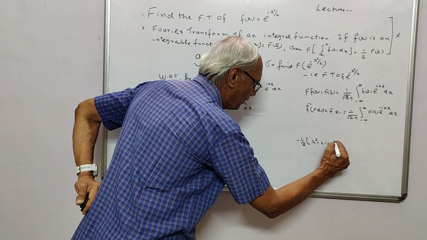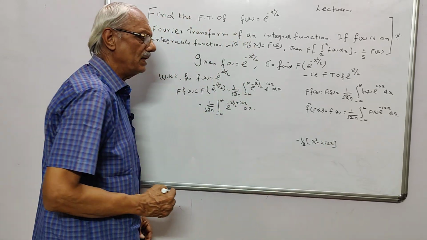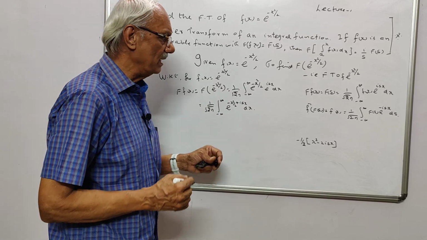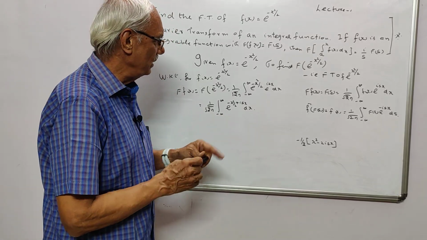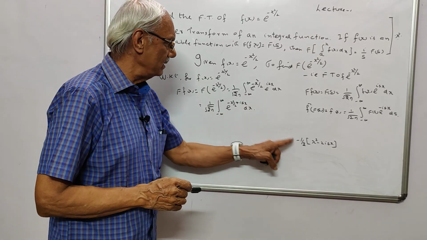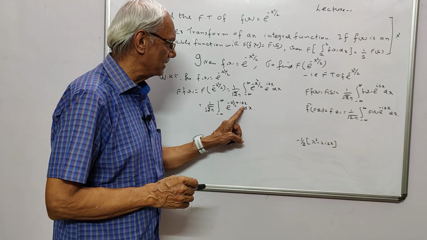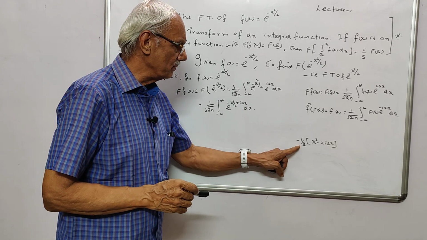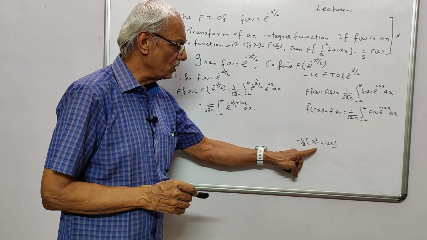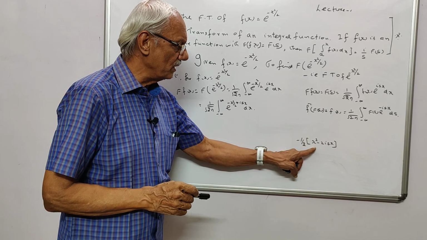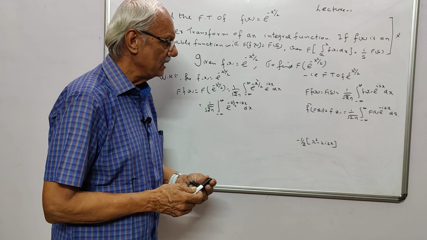I am going to make the power of this e a perfect square. As a power you have got minus x squared by 2 plus isx. So I take this minus half outside. You are left with 2is. I hope that all of you can understand. So you are left with what? e to the power of x squared minus 2isx, this one.